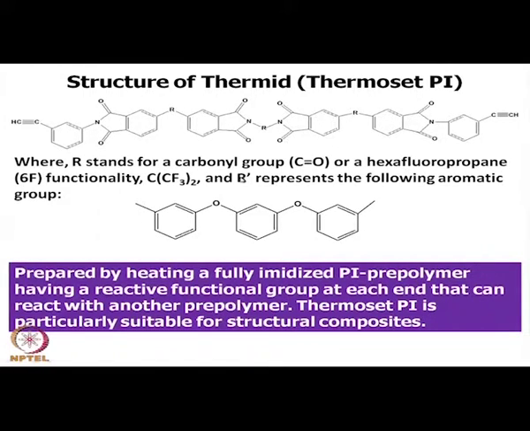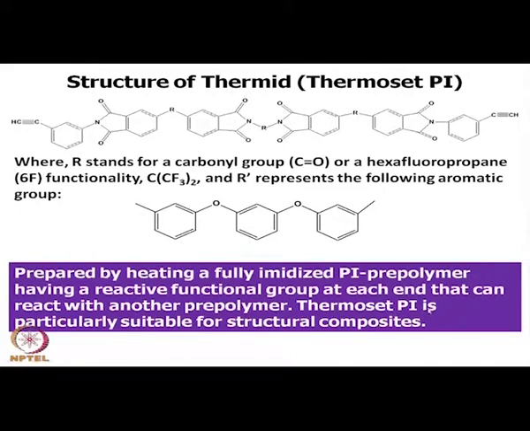So, this type of polymer is prepared by heating a fully imidized polyimide pre-polymer having a reactive functional group at each end, like in this case an acetylene group present here and here, that can react with another pre-polymer.